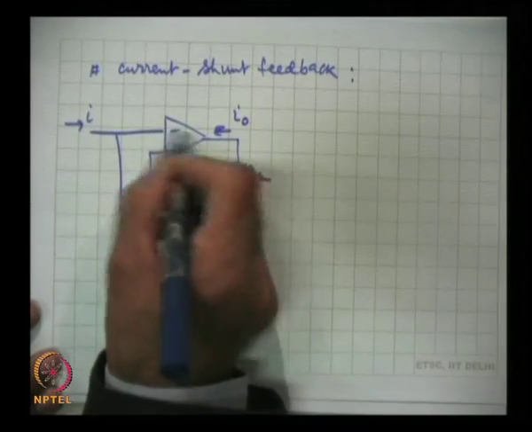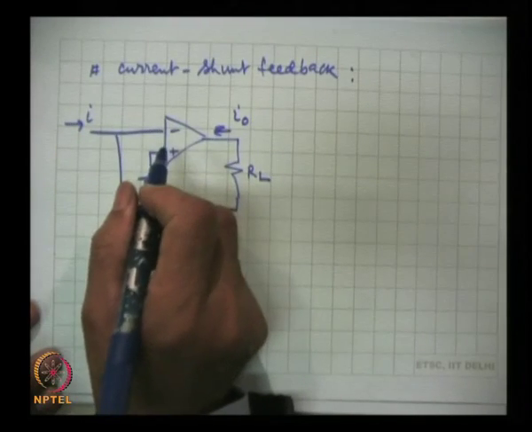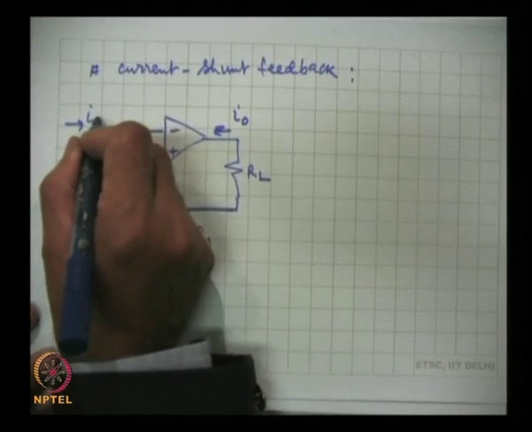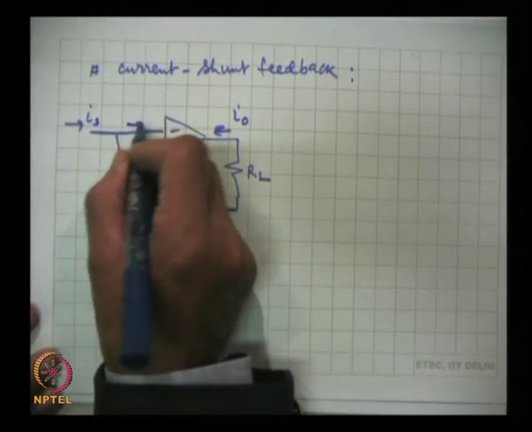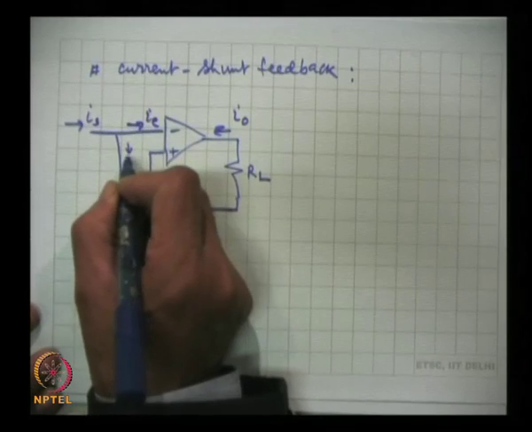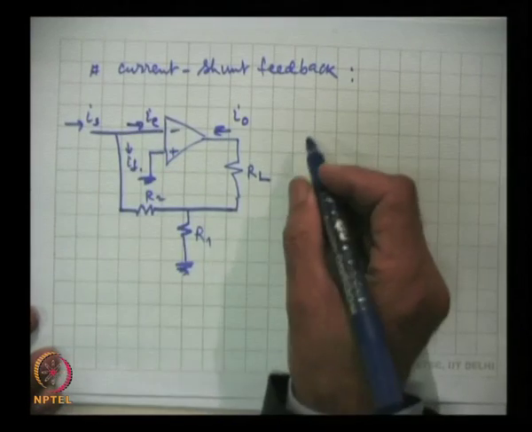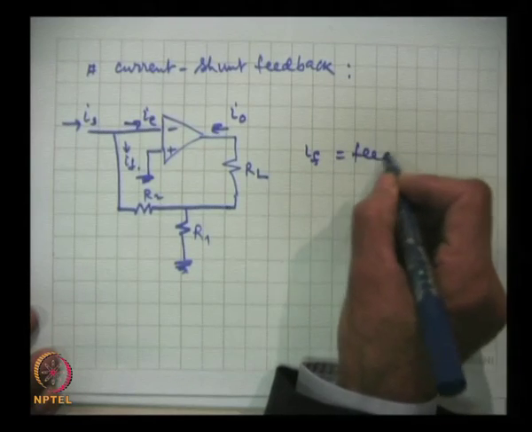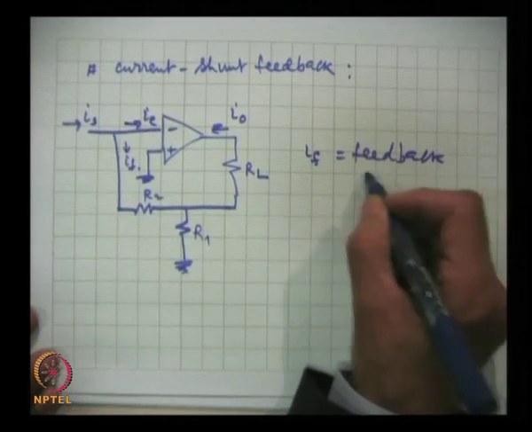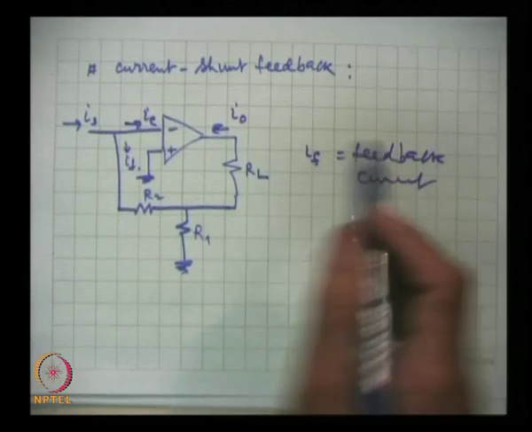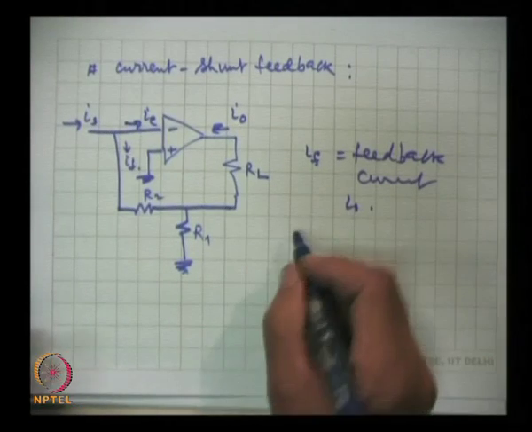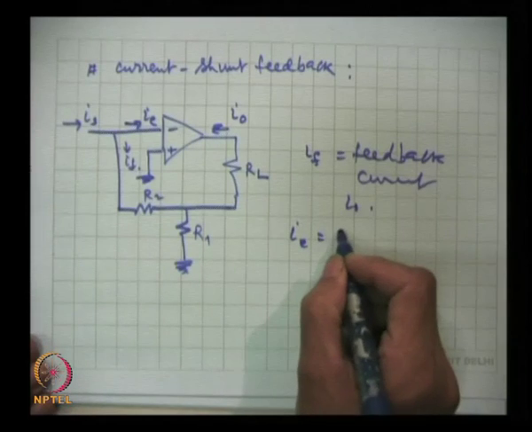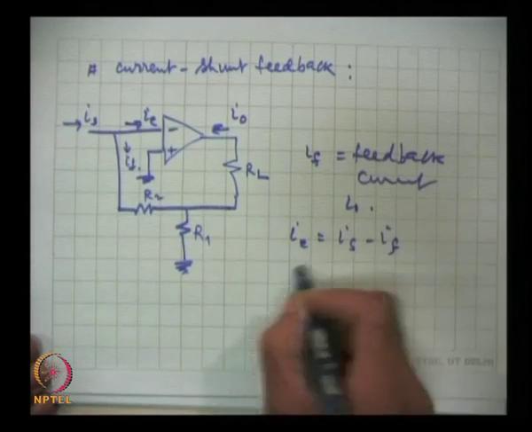Basically, here the operational amplifier is acting as a current amplifier. So, this is Is, which is divided into two parts, Ie and If, and this current If, which is the feedback current, varies in proportion to I0, and obviously here Ie is Is minus If.